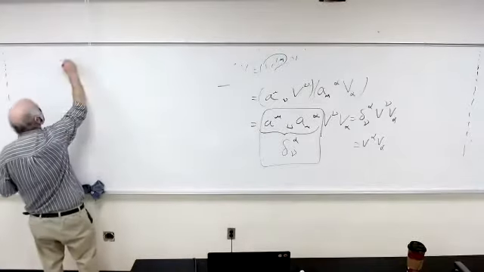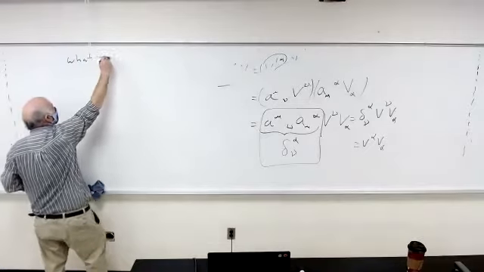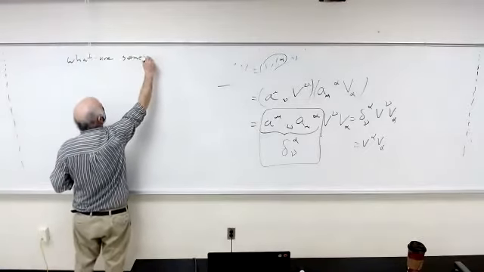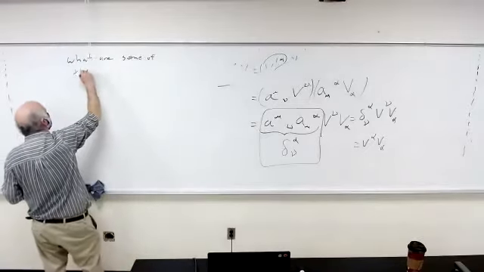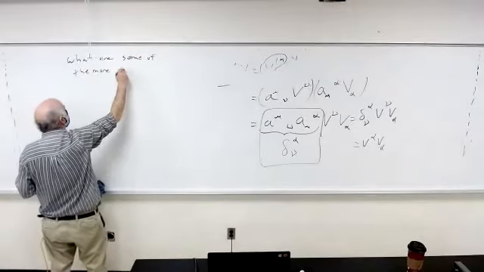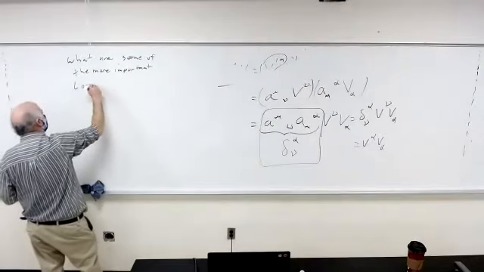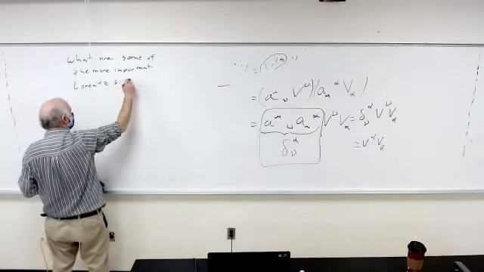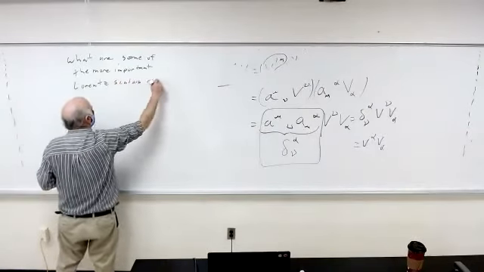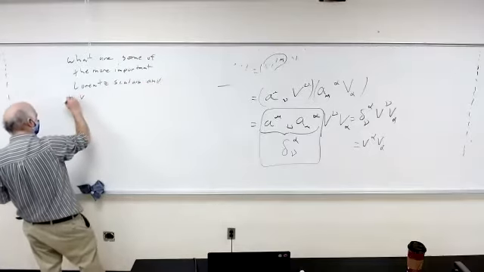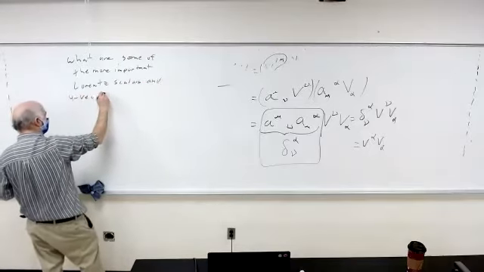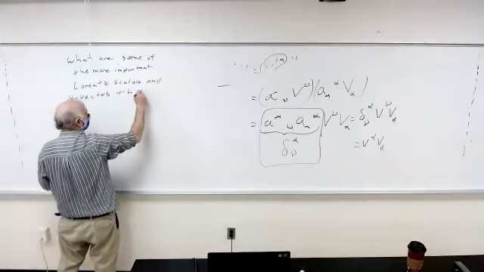So let's ask, what are some of the more important Lorentz scalars and vectors and four vectors that we will encounter?